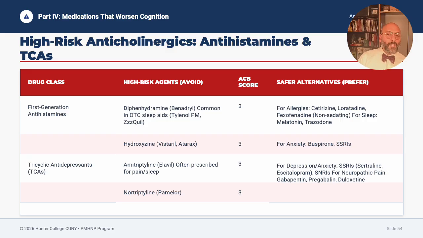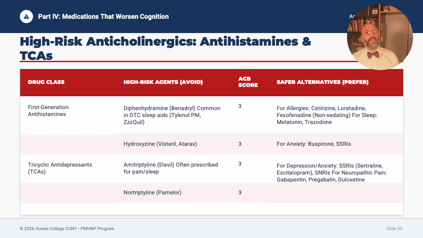Tricyclic antidepressants are another high-risk group. Amitriptyline, nortriptyline, often prescribed for sleep, pain, headaches. Both carry a high score. Even at low doses, they significantly worsen cognition and increase delirium risk in patients with mild cognitive impairment or dementia. So the key thing here is substitution, not abandonment of treatment. For allergies, we prefer second-generation antihistamines, cetirizine, loratadine, fexofenadine, which is the least deliriogenic. And for sleep, we like melatonin, low-dose trazodone, safer options.